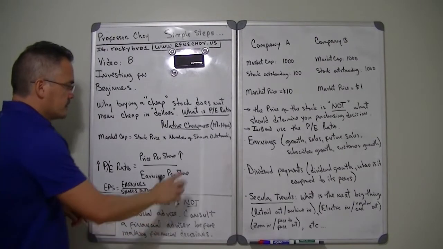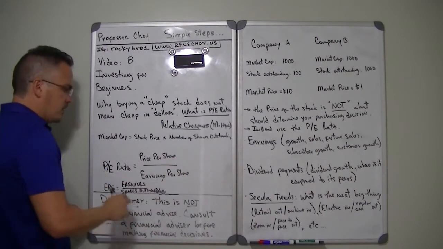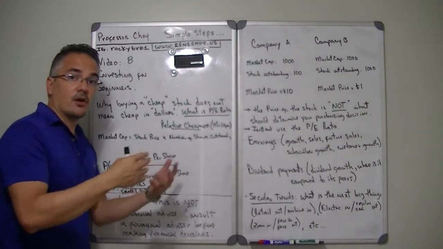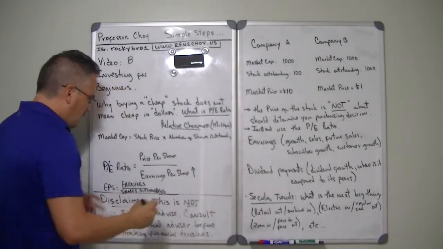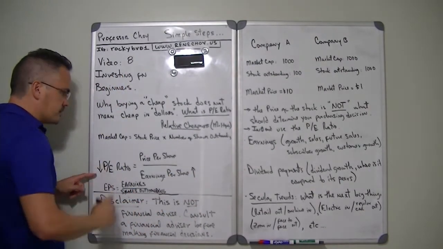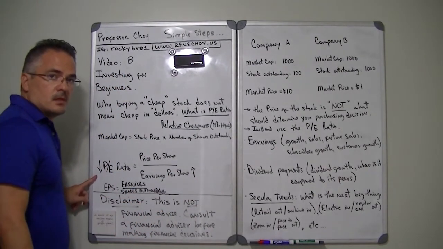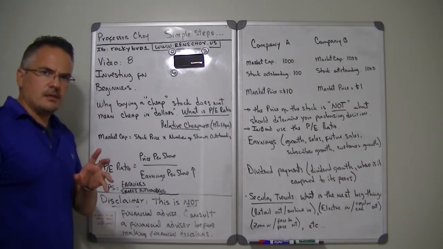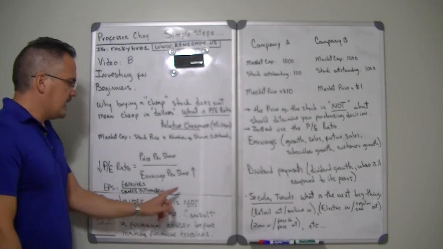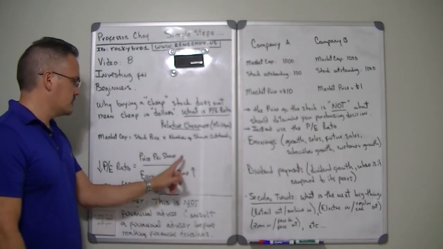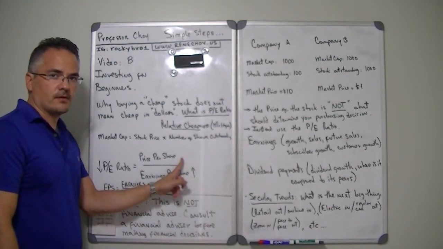Okay? Now, what would happen if the company has higher earnings, aka it's making more money? Well, your PE ratio will go down. So, a low PE usually means that the company has higher earnings relative to the price of the share.